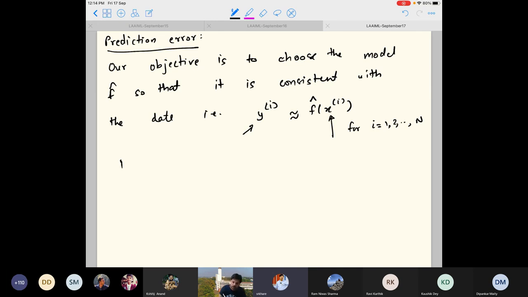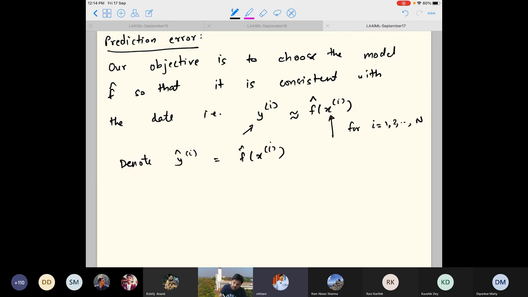So let us denote this predicted value as yi hat. So yi hat is basically f hat of xi.